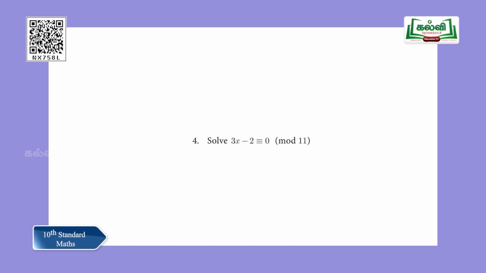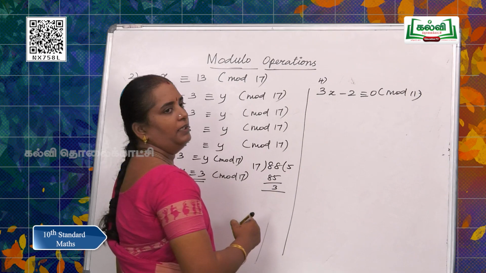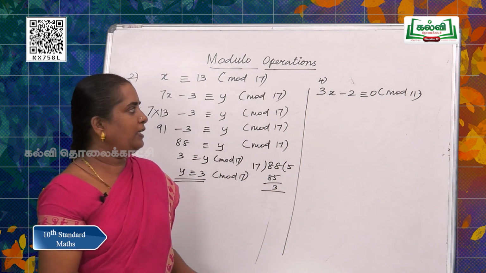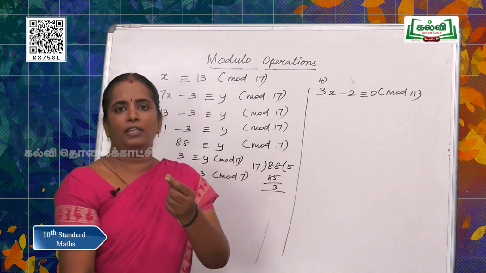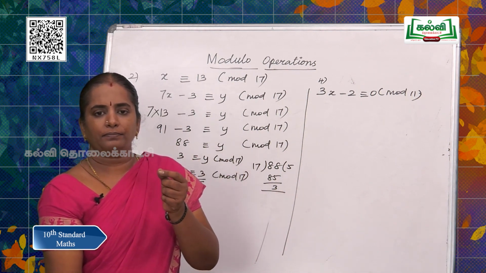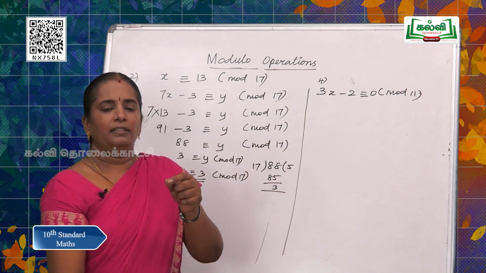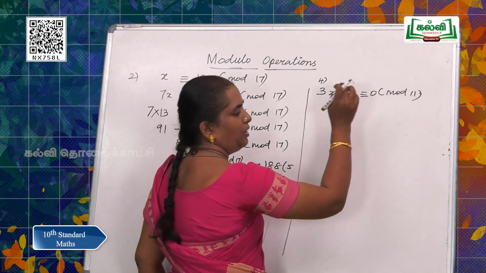Fourth one: solve 3x minus 2 is congruent to 0 mod 11. So this is our fourth sum. If you say congruent to 0, what does it mean? It means that it is a multiple of this modulus.